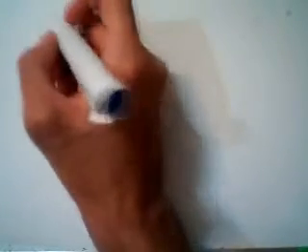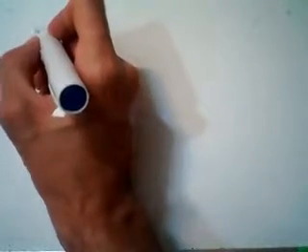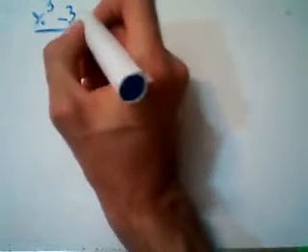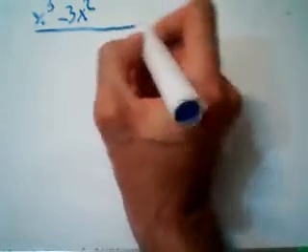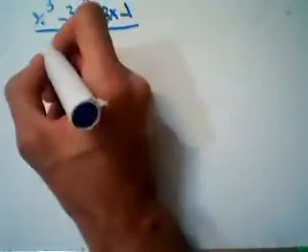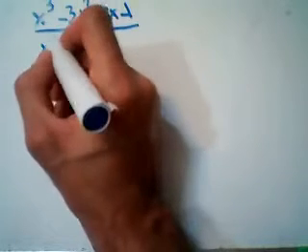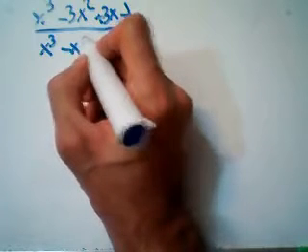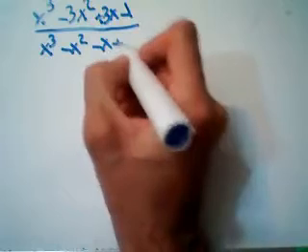For instance, this is an algebraic fraction, not a numerical one: x cubed minus 3x squared plus 3x minus 1 over x cubed minus x squared minus x plus 1.